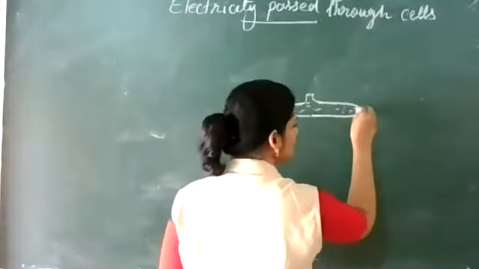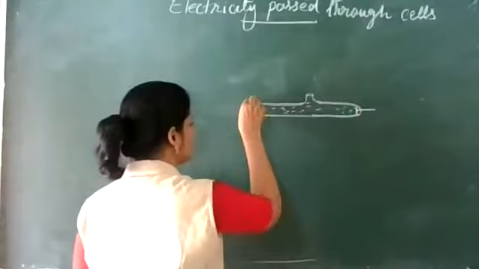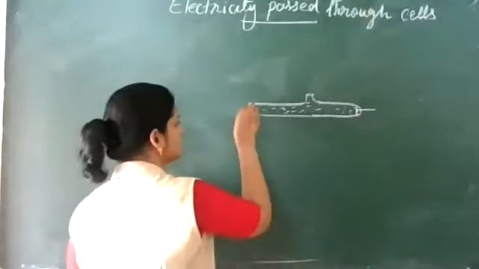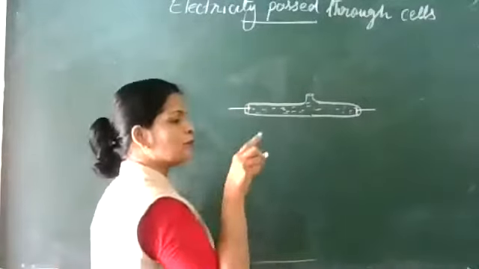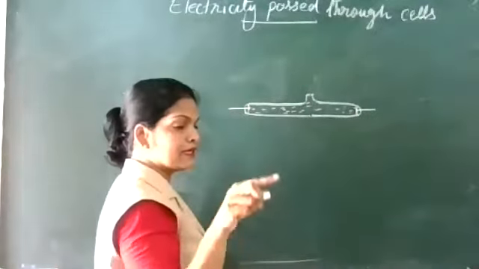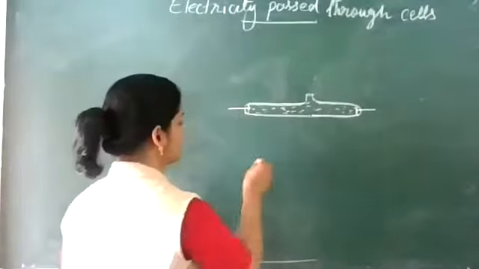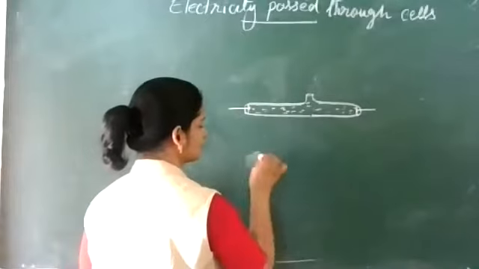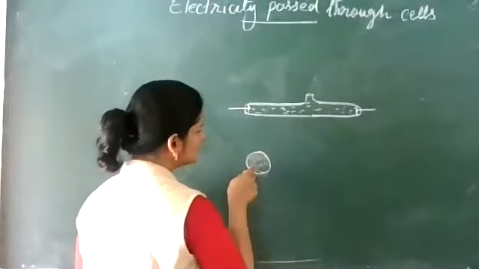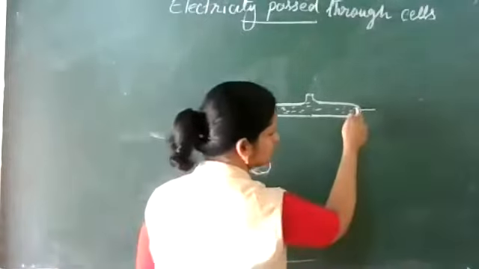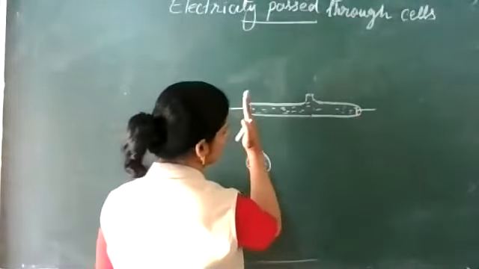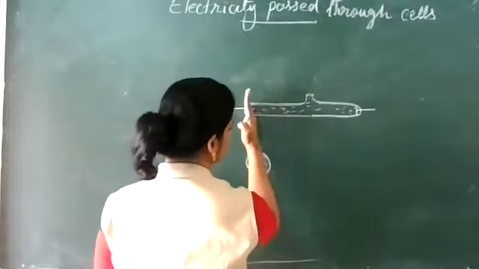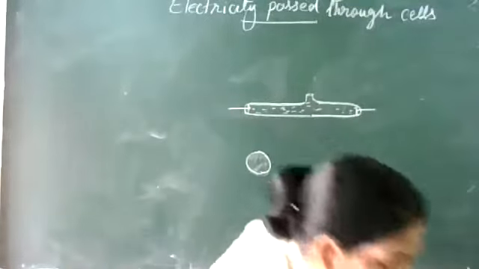Here you see a disc-type connector, for example a platinum metal in disc shape. One is kept over here and one over here, in the vertical way, not kept like this but like this.